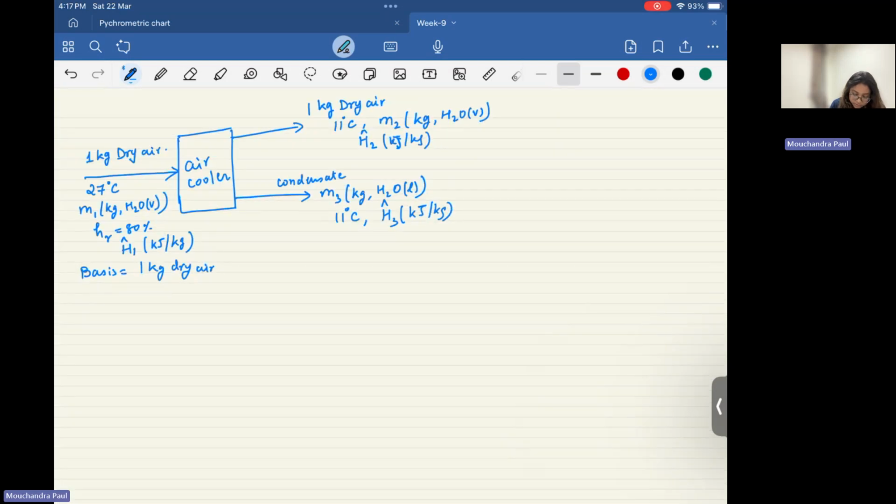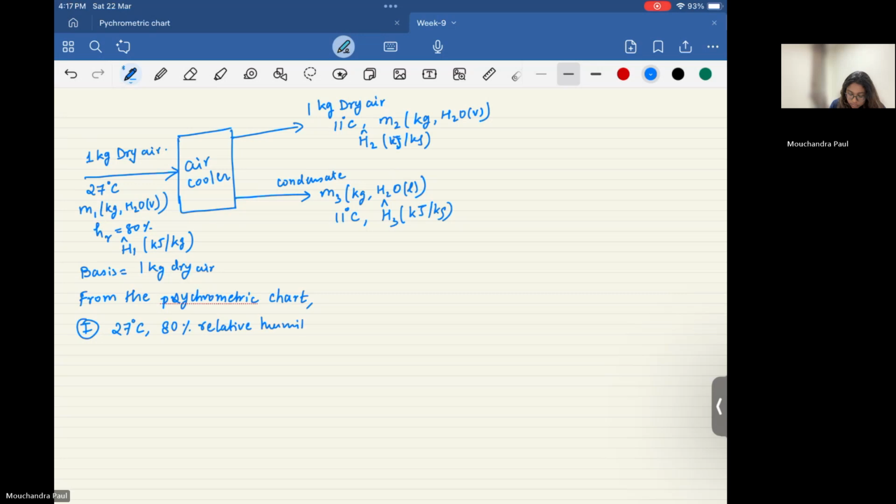Now from the psychrometric chart, let's find first for the condition 27 degrees Celsius and 80% relative humidity, the absolute humidity and enthalpy.